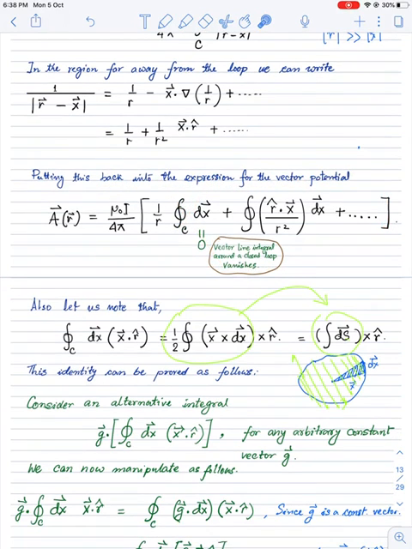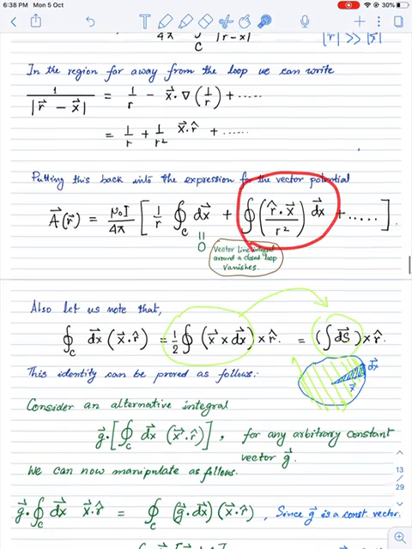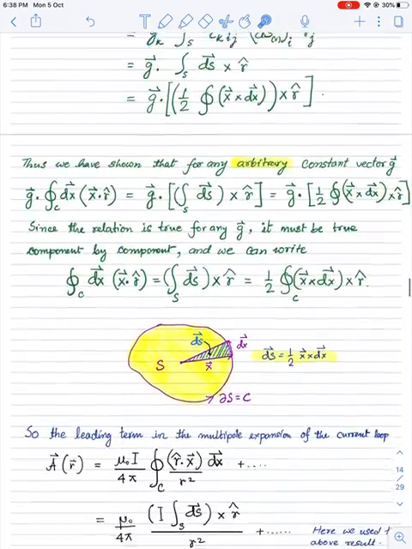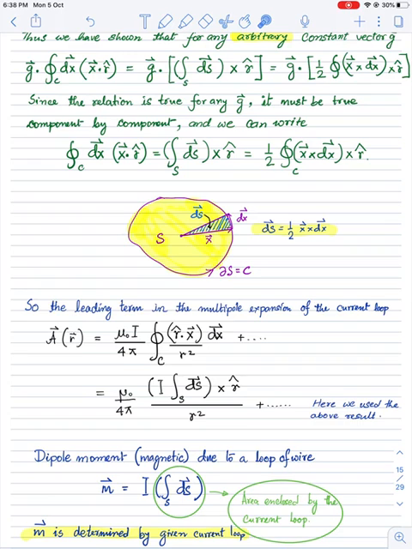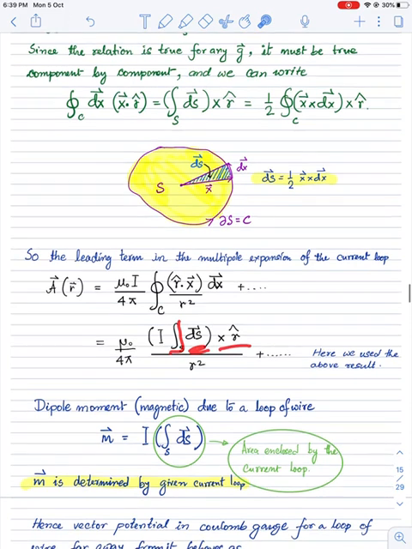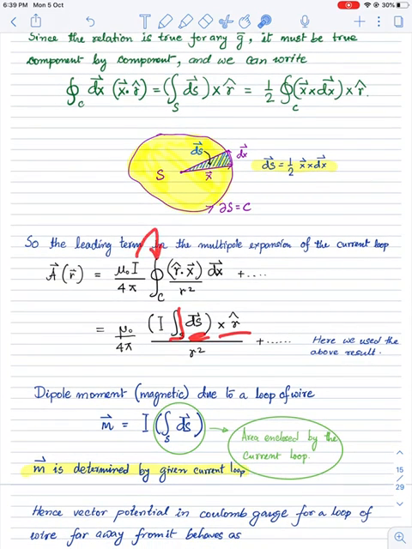The first term vanished because of the vector line integral over a closed loop, and the second term we are analyzing, using this identity that we just derived, can be written down in this form, where it's I times the area integral crossed with r hat. So you can take the I and multiply it with the area vector of this surface, and this quantity together is referred to as the magnetic dipole moment of the current carrying loop.